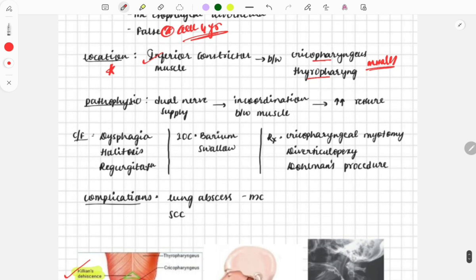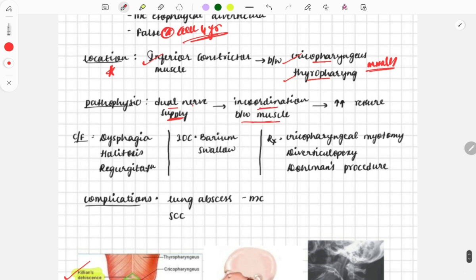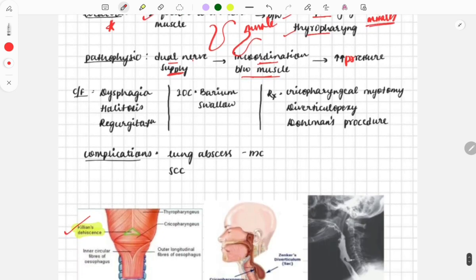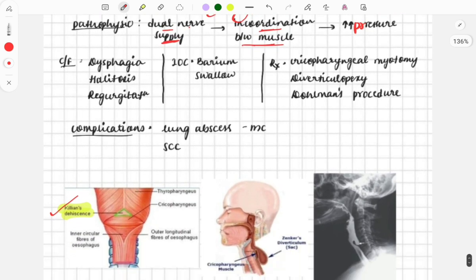So the pathophysiology की ये है कि due to the dual nerve supply of this muscle, there will be incoordination between the muscles, which will increase the pressure of the esophagus, and this pressure will form an outpouching. तो muscles का जो weak point है वहाँ से this will start to form an outpouching and this will be called a pouch.